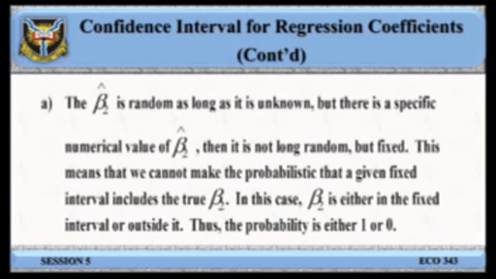Instead of using the normal distribution, the t distribution can be used to establish a confidence interval for beta 2 as shown in the equation below.